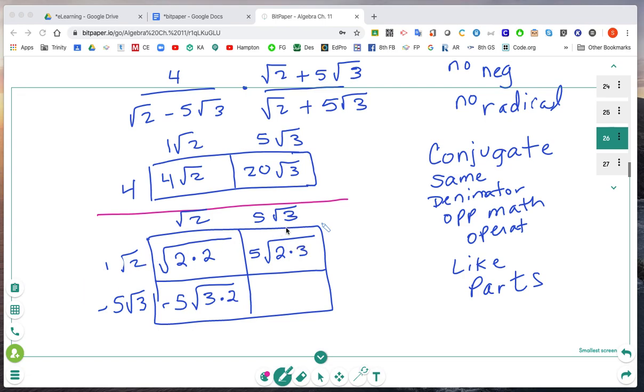Square root of 2 times the square root of 3. Then I'm going to do -5 times 5, which is -25, square root of 3 times square root of 3.